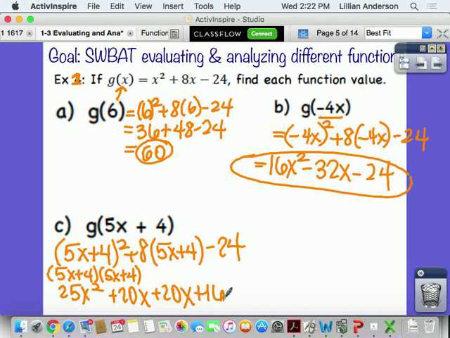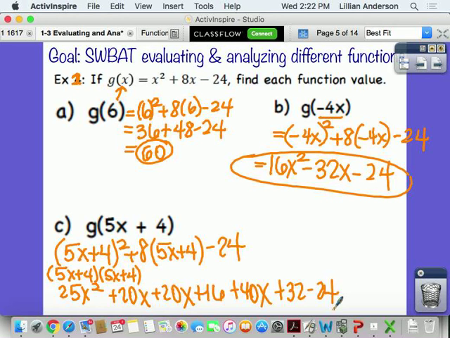Anytime you have what is known as a binomial, when you have two terms, and you square it, you're actually going to FOIL. Over here, what are you going to do to the 8? Distribute. 8 times 5x is 40x. 8 times 4 is 32. Minus 24.